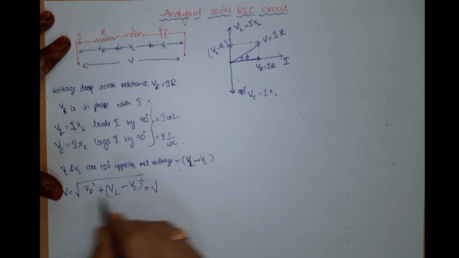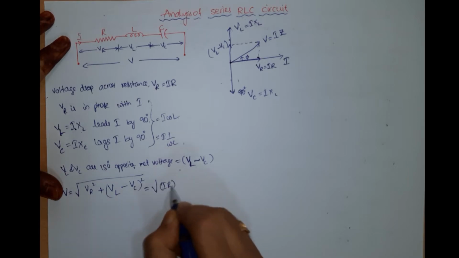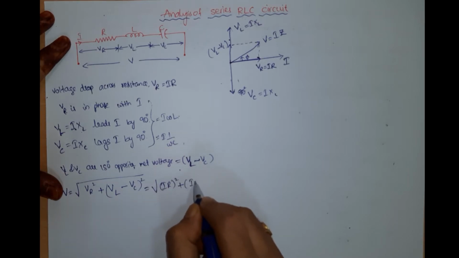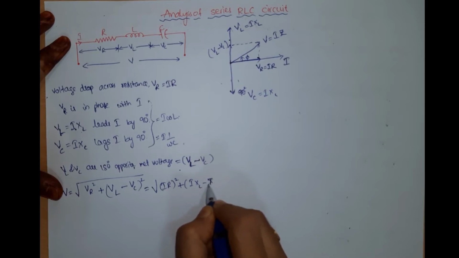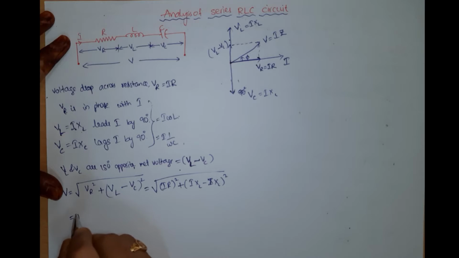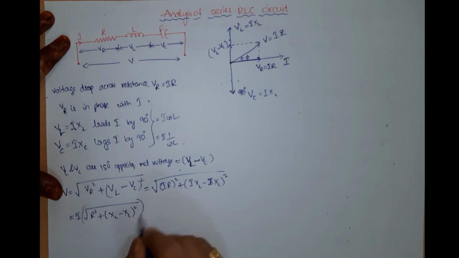Right? So from here I can write IR square plus IXL minus IXC the whole square. That is I into under root of R square plus XL minus XC the whole square. So now this becomes our impedance Z, I into Z.